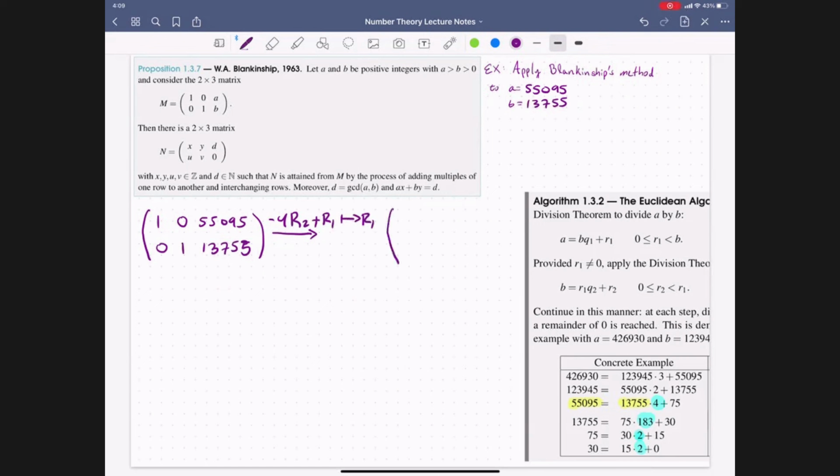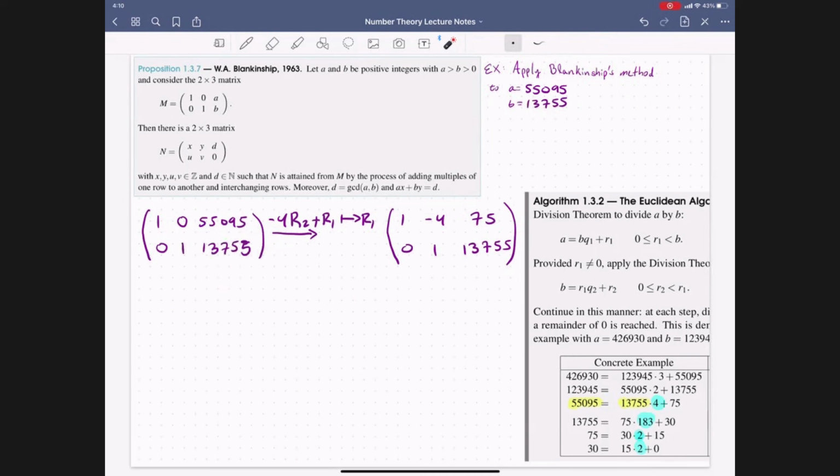And so once you do this computation, of course, the first entries are automatic. This is 1, minus 4. We have 0, 1. Row 2 is not changing, so I'm going to just recopy the 13,755. But then the entry for the upper right is going to be 75. And we see that that is just going to be that remainder. And that comes as no surprise, because what is it that we are doing? We're doing the reverse. We're multiplying row 2 by negative 4.